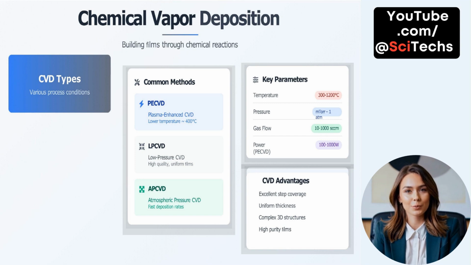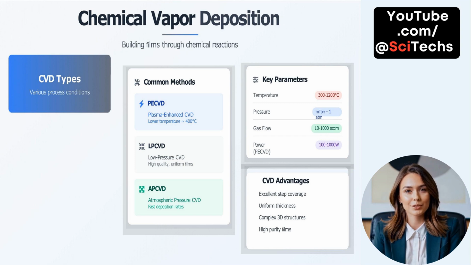LPCVD, or low-pressure CVD, operates under reduced pressure to produce high-quality, uniform films with excellent step coverage. APCVD, or atmospheric pressure CVD, runs at ambient pressure and offers faster deposition rates, making it suitable for high-throughput applications.